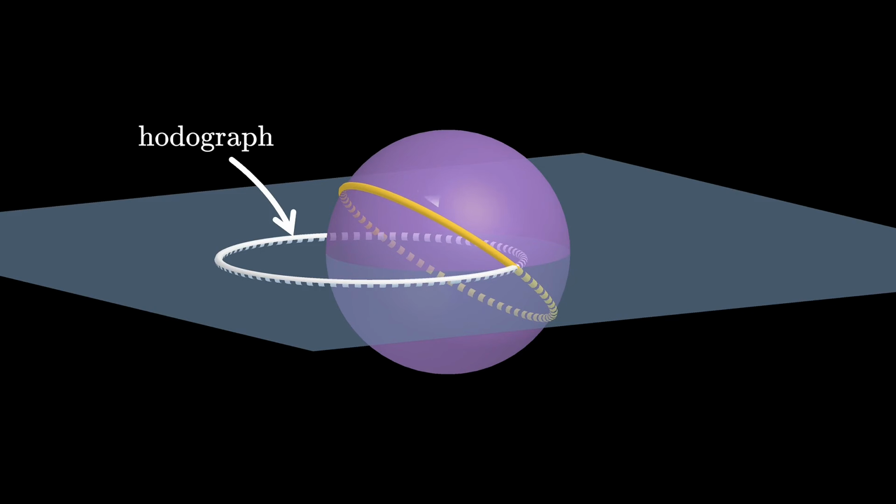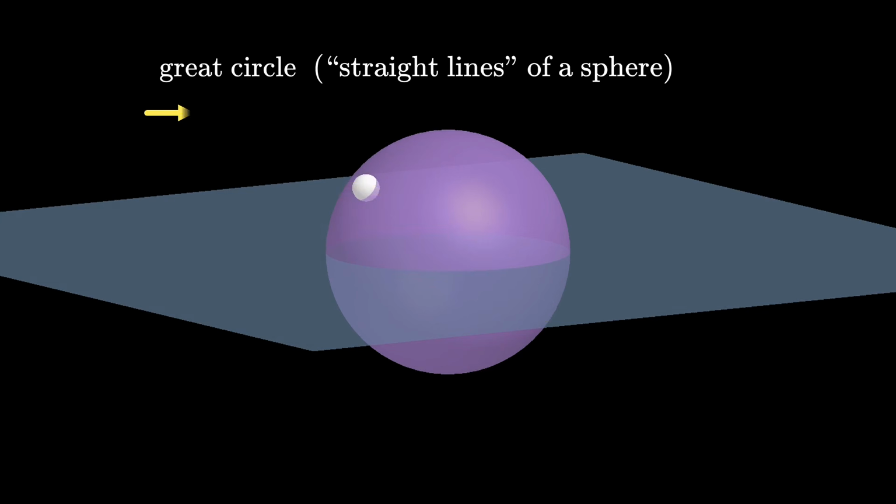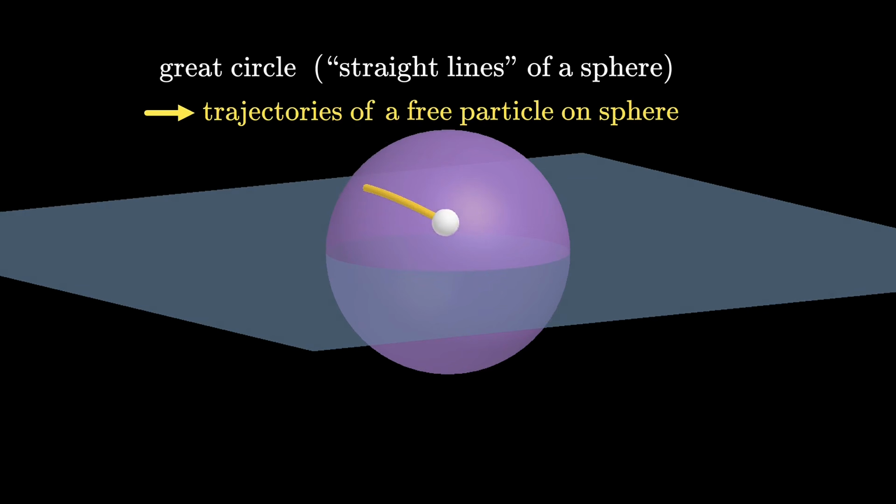Because these are great circles, the equivalent of a straight line on a sphere, they are also the trajectories of a free particle constrained on the sphere, similar to how straight lines are trajectories of a free particle in a Euclidean space.